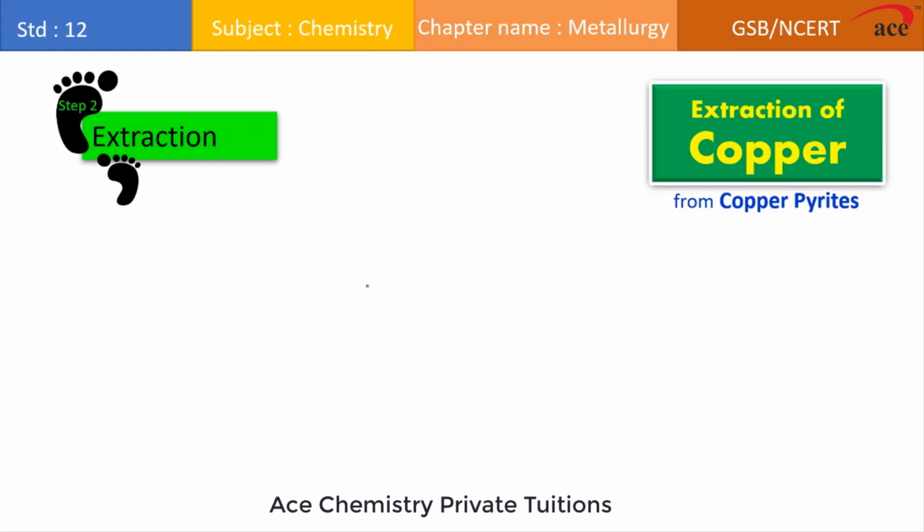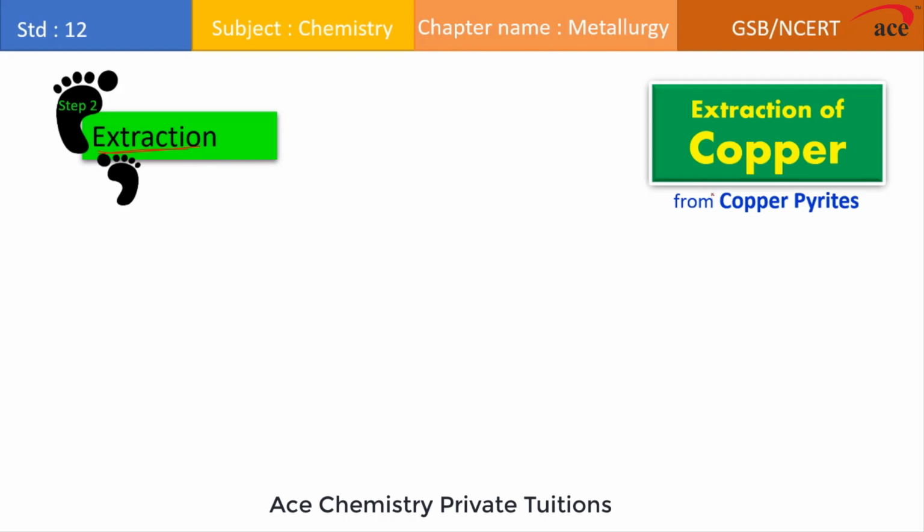After doing concentration, the next step is extraction. Now basically what we do in extraction, we are converting a metal compound, that is the concentrated ore, to its metal oxide. So during this conversion we can do 2 processes. One is roasting, and one is calcination. Now we know when to apply roasting and calcination. Student, roasting is applied if the metal is associated with sulfur, that is a sulfide ore, and calcination is applied if the metal is present in the form of carbonate.